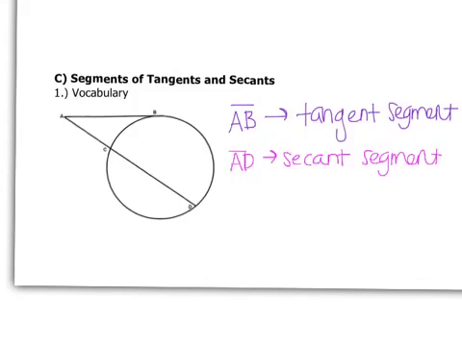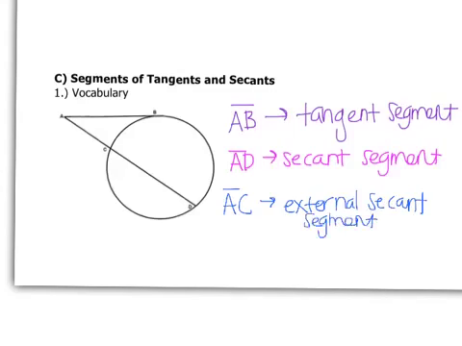And then finally, the last part is the part of your secant segment that is outside of your circle, which is segment AC. Segment AC is what we call the external, meaning outside, the external secant segment.